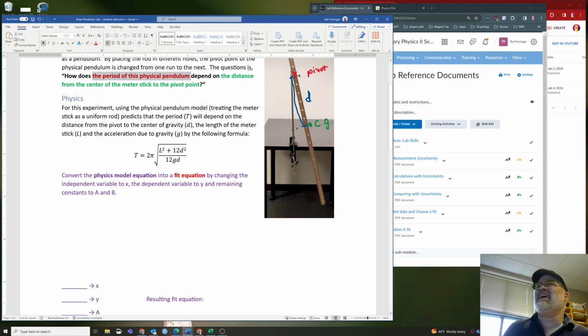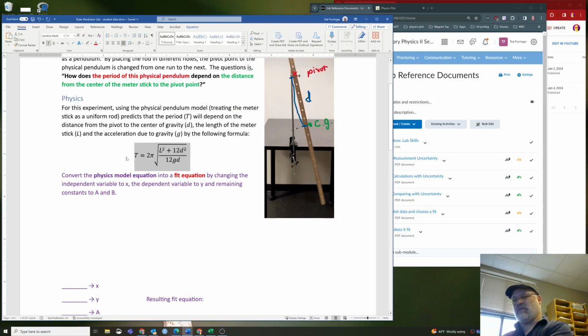In this case, the independent variable is the distance from the center of the meter stick to the pivot point, and the distance from the pivot point to the center of gravity is d. So d is our independent variable.